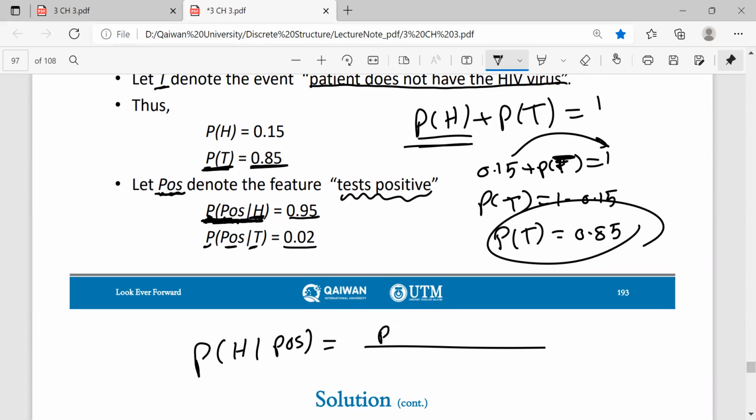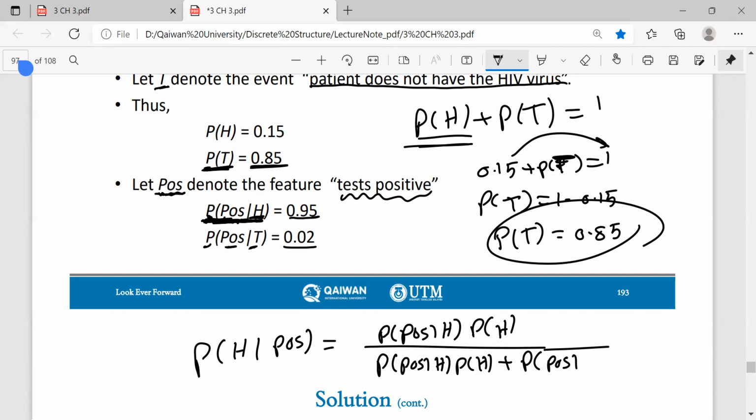It is the probability of POS given H times probability of H, divided by probability of POS given H times probability of H plus probability of POS given T times probability of T. This is the Bayes theorem.